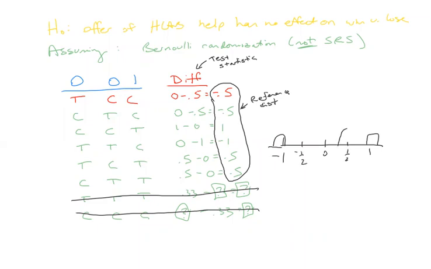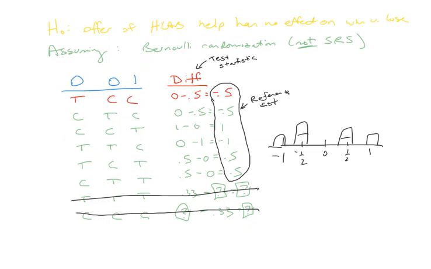And 2 out of these 6 times, I would get a 0.5. And 2 out of these 6 times, I would get a -0.5. And this is a picture of the reference distribution of the test statistic. This is the same place I stopped in the previous slide.